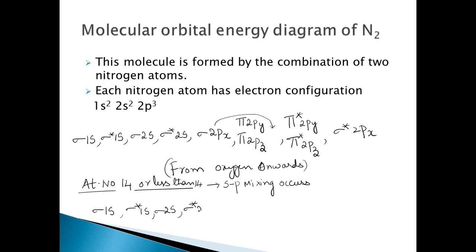So the order now slightly changes. After sigma star 2s, first comes the pi 2py and pi 2pz, then comes sigma 2px, then sigma star 2px as usual.